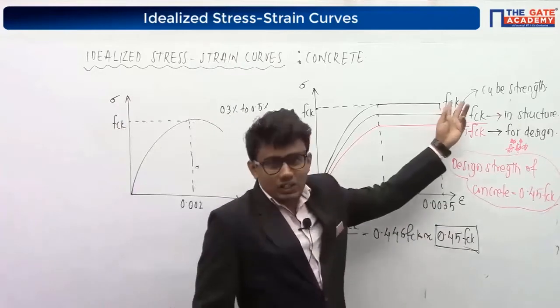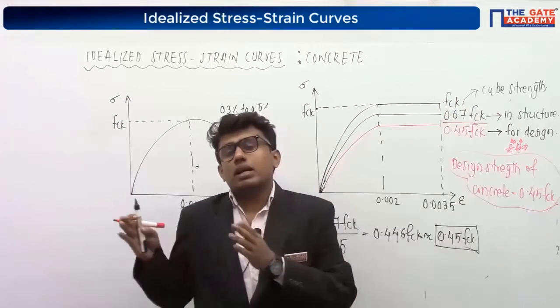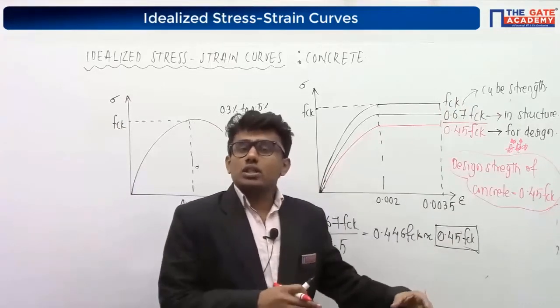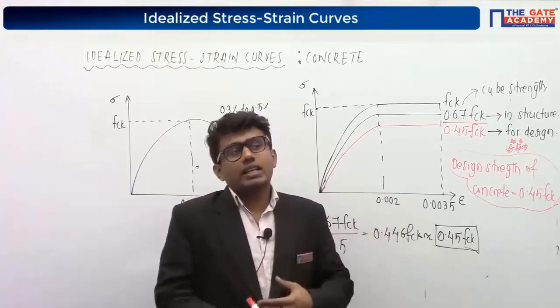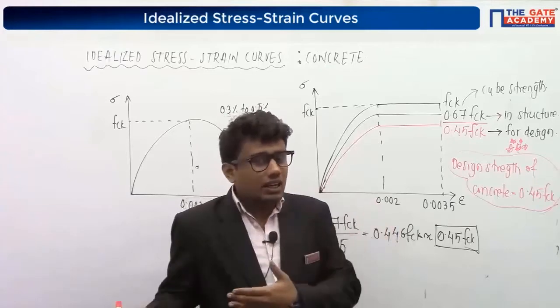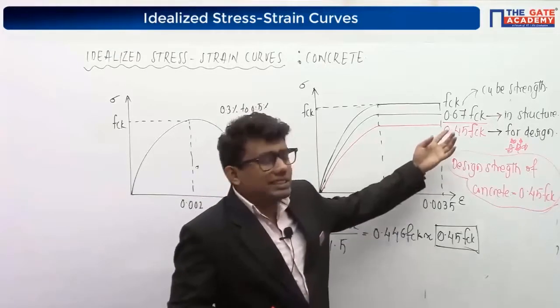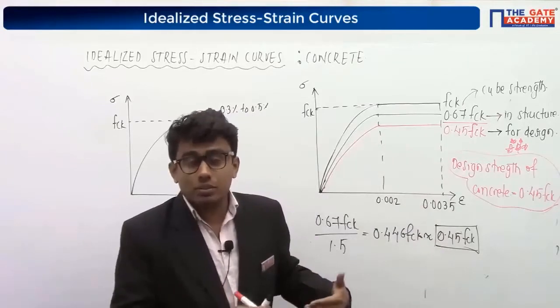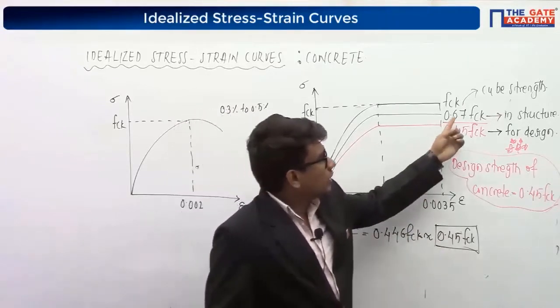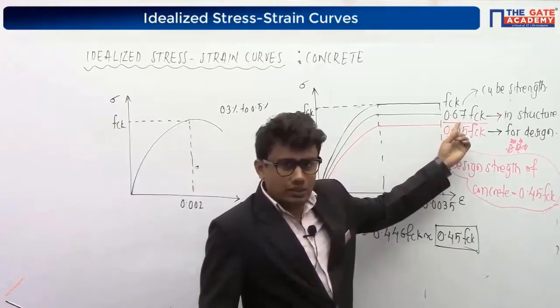fck is the characteristic strength of the cube, which I am getting by the cube test. In the actual structure, this strength will be much different. It is generally found that the strength of the structure is 33% less, or 67% of fck. So for the structure, you have to consider a strength value of 0.67 fck.